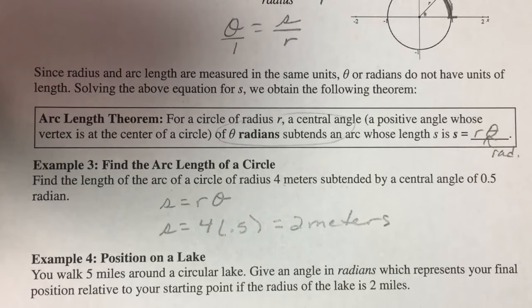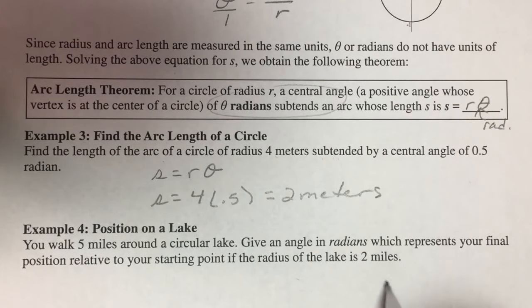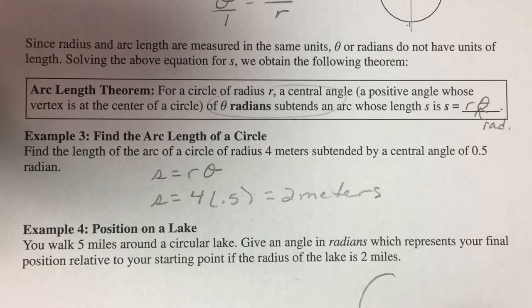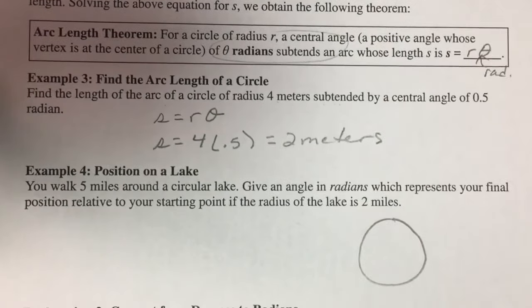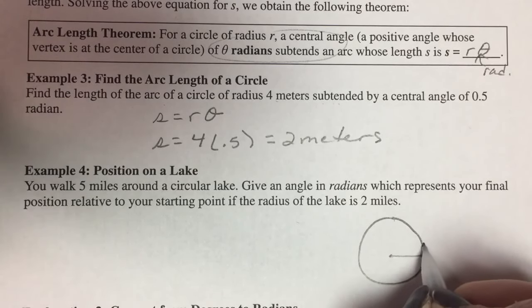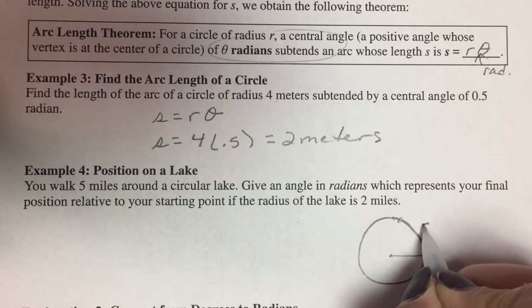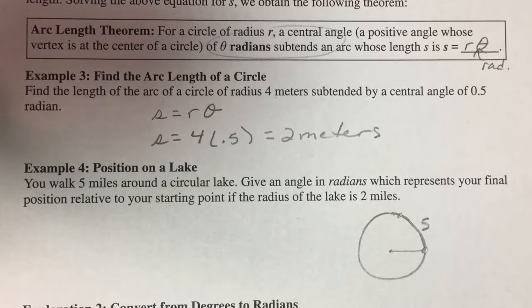Look at example 4. You walk 5 miles around a circular lake. So if I draw my circular lake here, and if I walk 5 miles, so let's say that I start right here, and I walk 5 miles. Hopefully you can agree that that 5 is actually the arc length because you're walking around the length, okay?